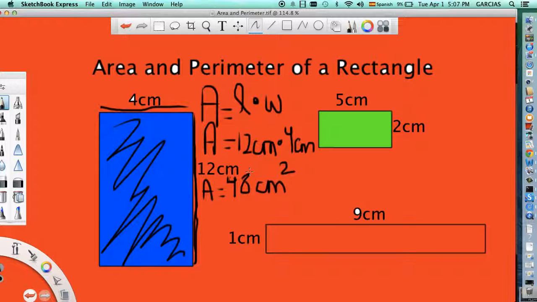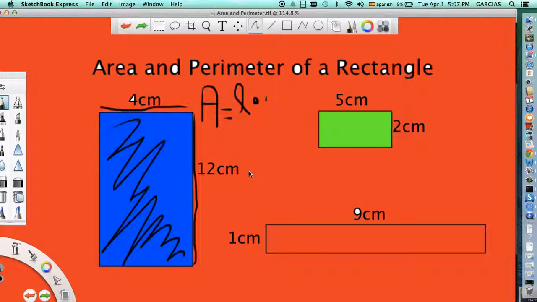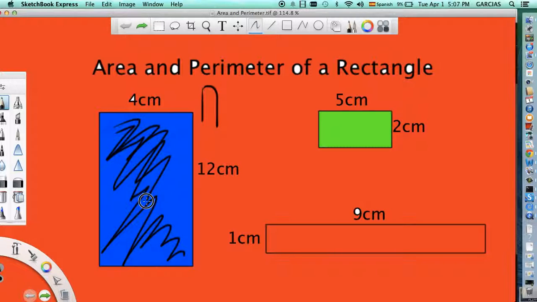When is it useful to find the area or the perimeter of a shape? For example, let's just think that this is your room, and you want to place carpet on the floor in your room.